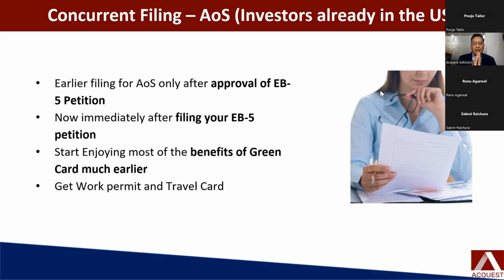If your child is in the US on an F1 visa or H1B visa today, studying or working over there, and you file for your EB-5 application, immediately after filing you can apply for change of status. And you can start enjoying the benefits of the green card much earlier. You will get the work permit, which is the biggest benefit, and you will also get your travel card.